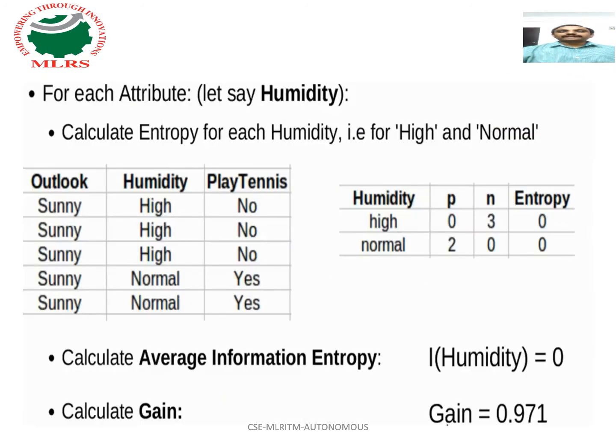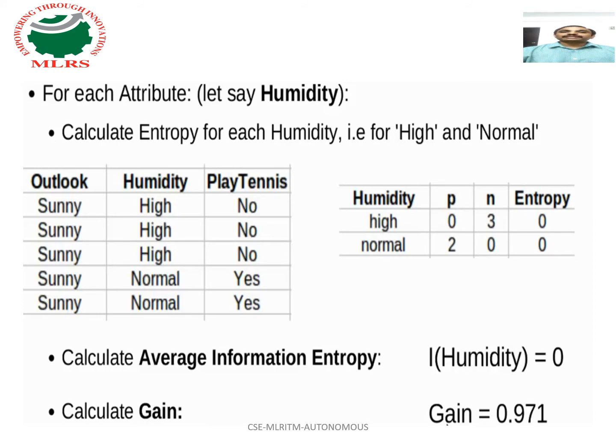After taking entropy of S of sunny, we have to calculate the entropy of each value of the remaining attributes. First one is humidity. Humidity has two different values, high and normal. For outlook sunny, high gives all no, that is all negative.